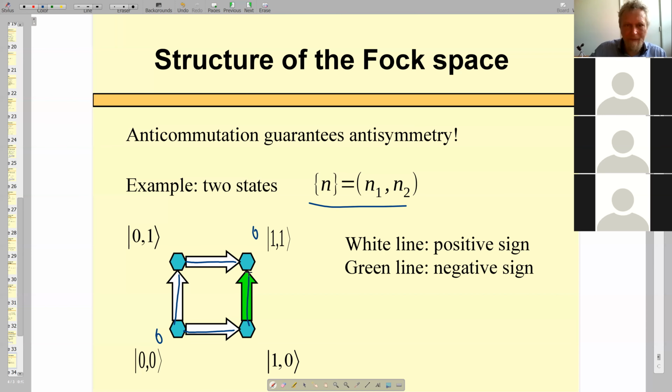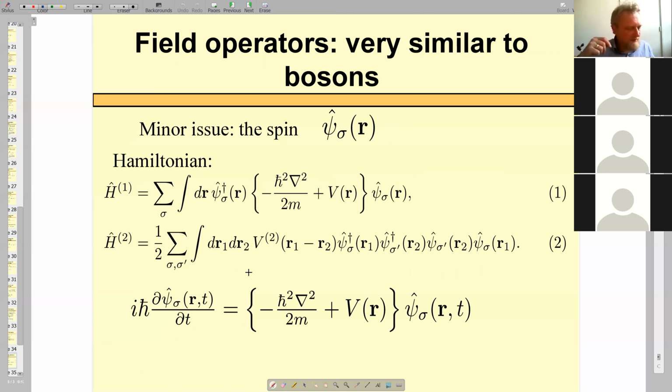Let us see. Field operators. Here the issue of spin comes about. One could think of spinless fermions in coordinate space, but it's rather impractical. Usually fermions do have spin. So we not only annihilate a particle at the point r, we annihilate it with a certain spin.